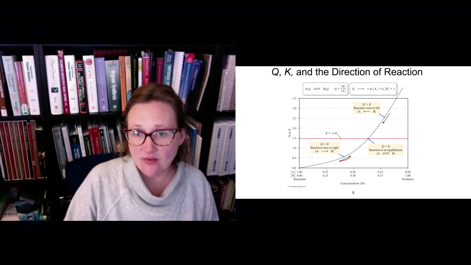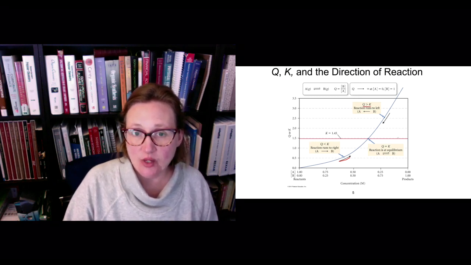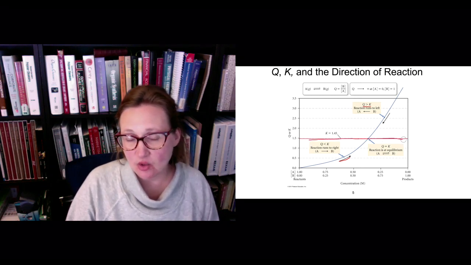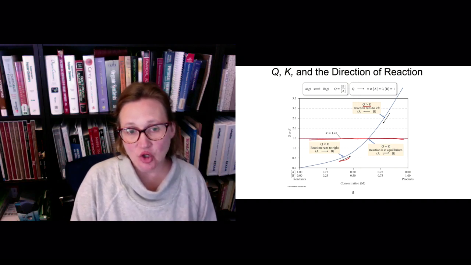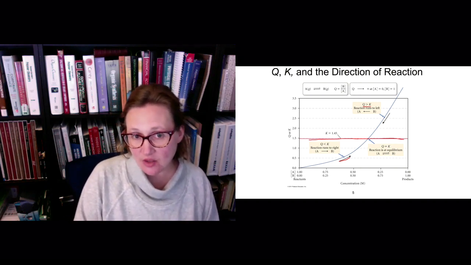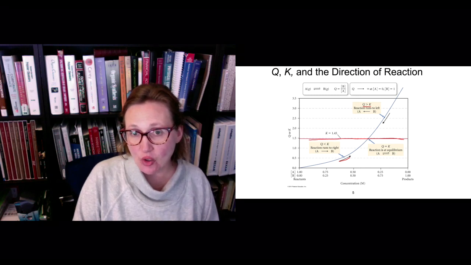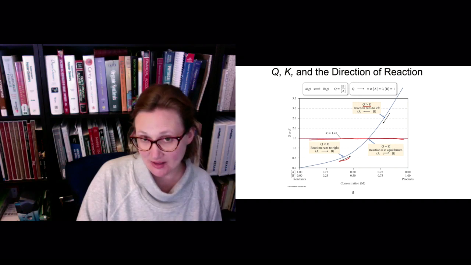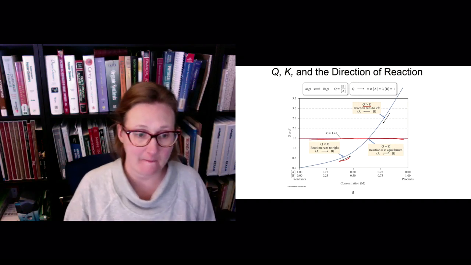And here we have a situation where Q is greater than K, so the reaction is going to proceed to the left. Their goal is to get to that equilibrium constant. So you're either traveling towards the products to reach the equilibrium constant, or you're reversing and traveling towards the reactants to get to that equilibrium constant.